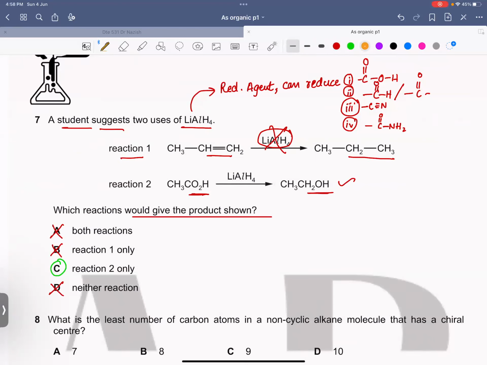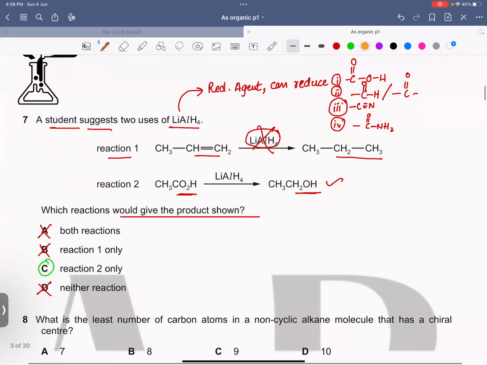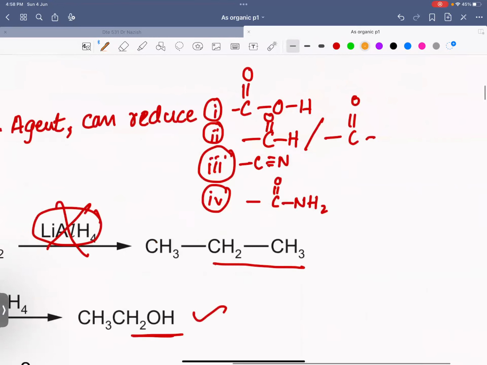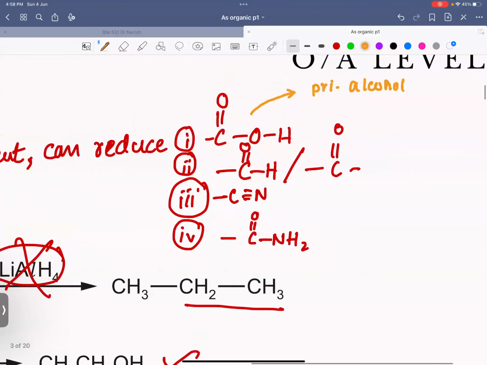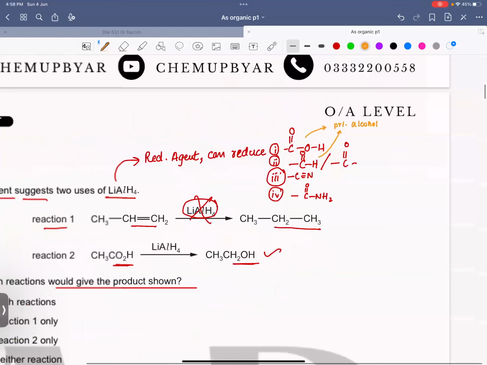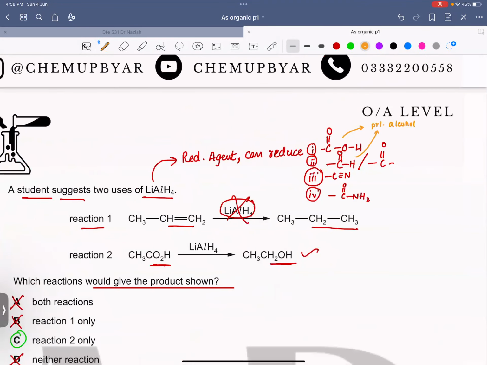Now, remember, when a carboxylic acid undergoes reduction with LiAlH4, you are going to get a primary alcohol. Same with the aldehyde: when an aldehyde undergoes reduction with LiAlH4, you will again get a primary alcohol. When a ketone undergoes reduction with LiAlH4, you will get a secondary alcohol.